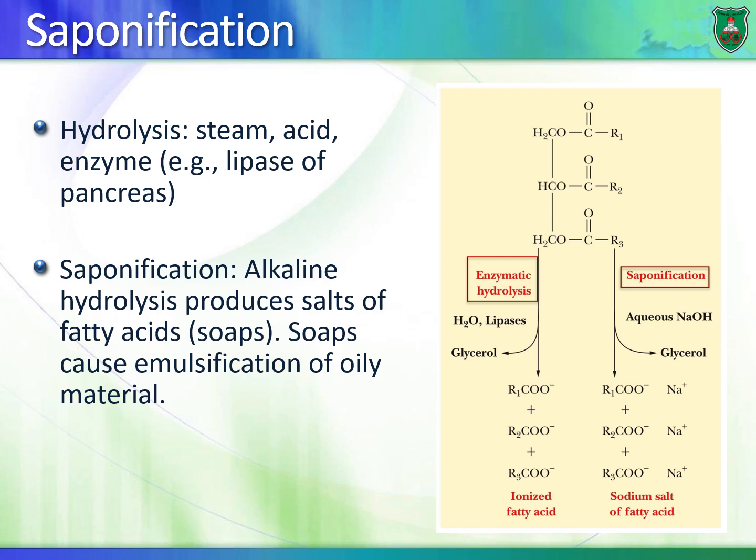So the idea is that we can take samne or fat in a solid form, and using an alkaline environment with hydroxide, we can separate the fatty acids from the triacylglycerol, creating fatty acids in a conjugate base form that can be associated with positively charged sodium ions, for example, forming soap.